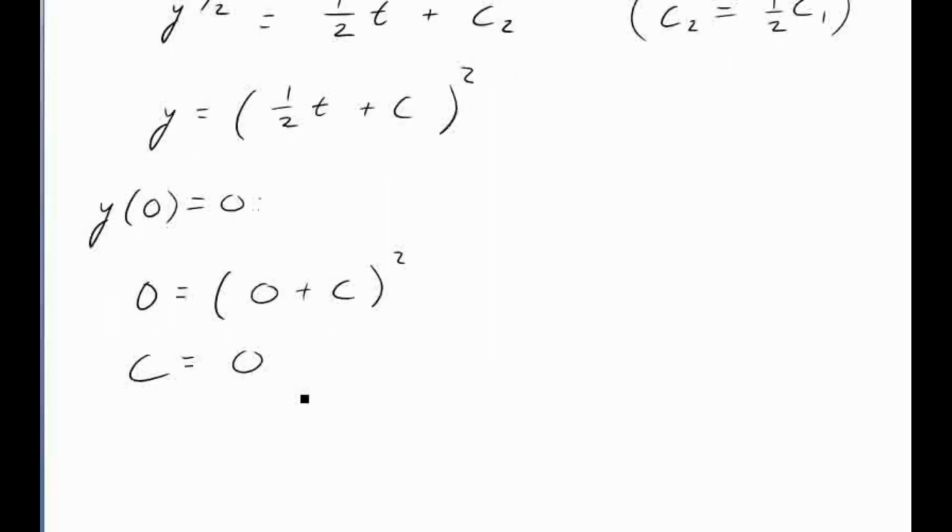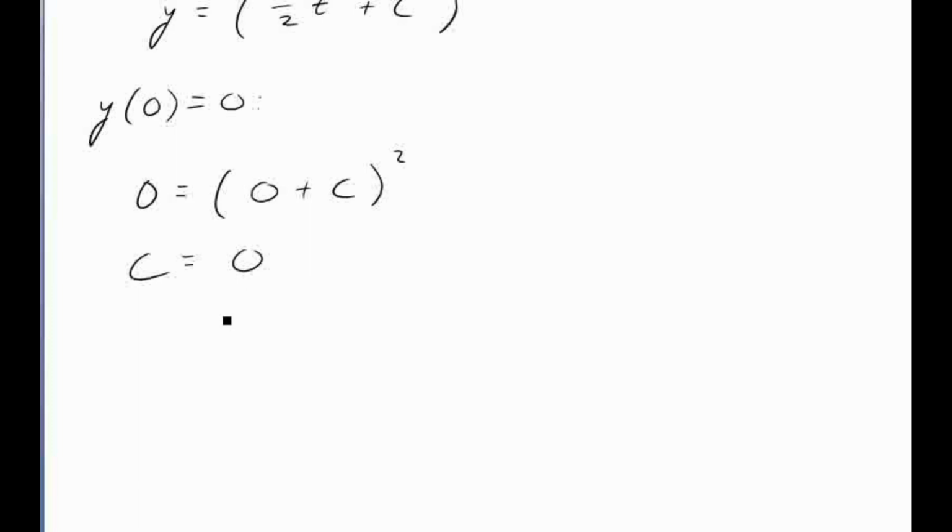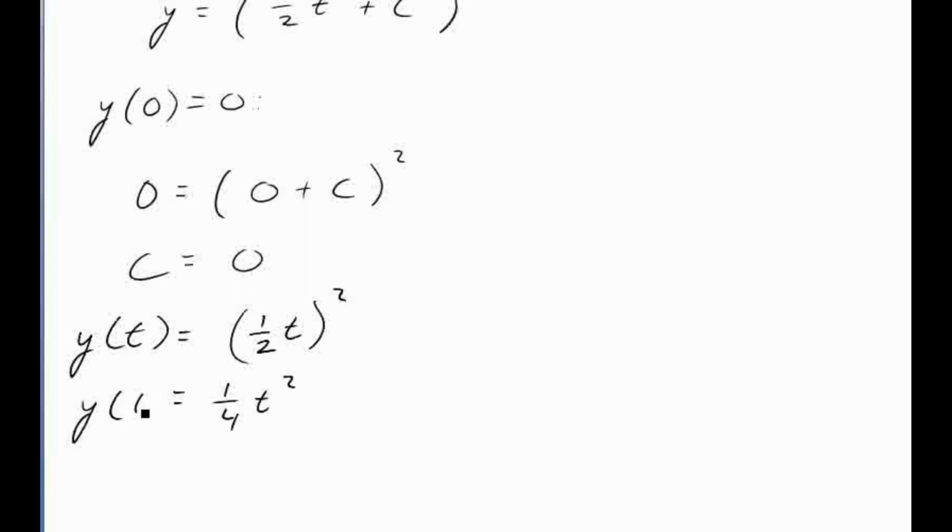Now, what that means is that we are going to have the solution y of t is equal to 1/2 t plus 0 squared, or in other words, 1/2 t squared. And so then we could, if we want, simplify that a little bit to make 1/4 t squared.